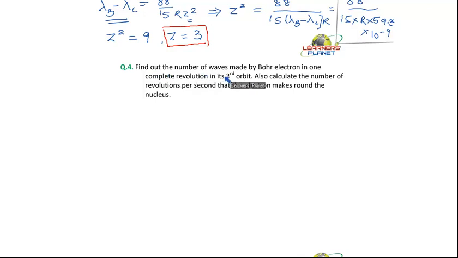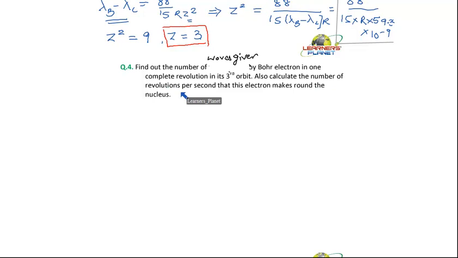Find out the number of waves given by a Bohr electron in one complete revolution in its third orbit.